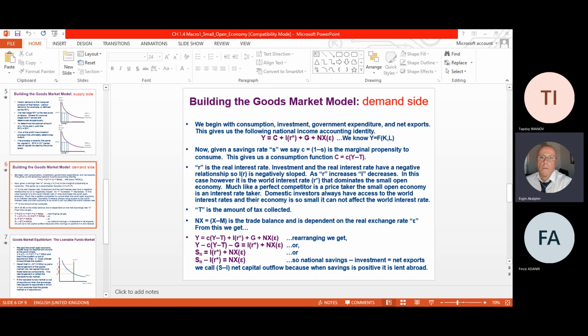And we say in the small open economy model, long-run equilibrium occurs at the point where there is the intersection of saving minus investment, which is a function of the real interest rate, and the output, which again becomes C multiplied by the disposable income, plus the investment I of r, plus G, plus NX. And if the system is out of equilibrium, then the epsilon, the exchange rate, must change to bring the system to equilibrium as much as possible.